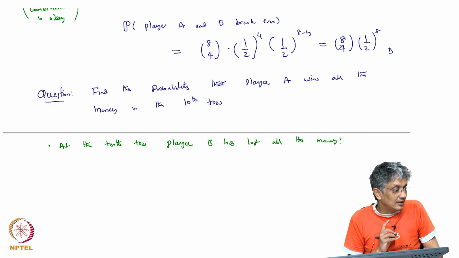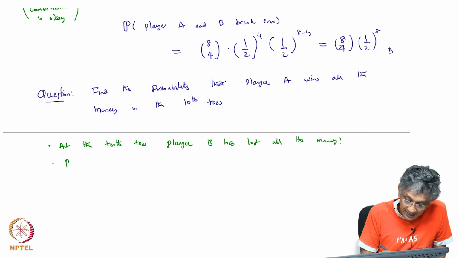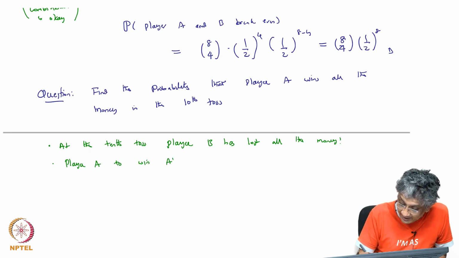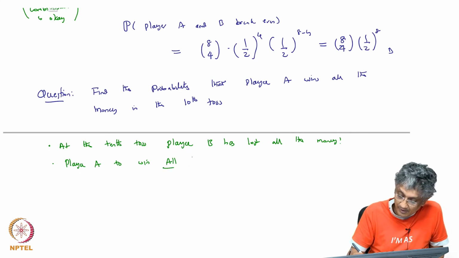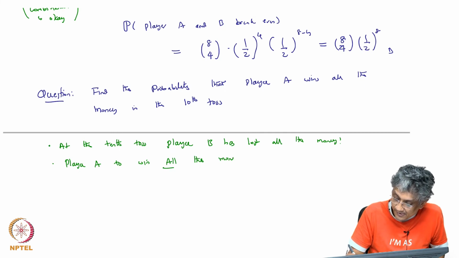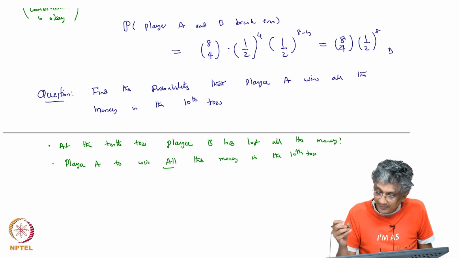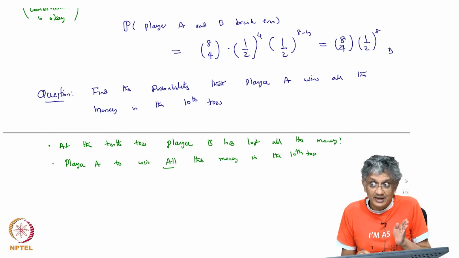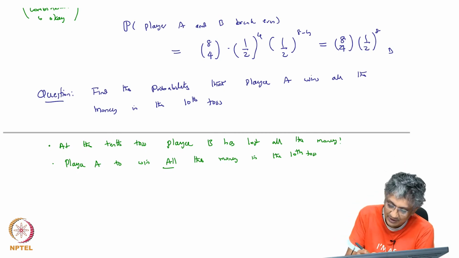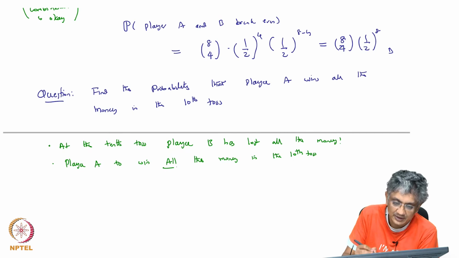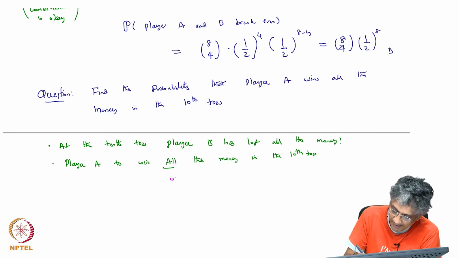Okay. And then for player A to win all the money in the 10th toss, what do you have to do? That means player A must win 8 tosses and lose 2. So how do you judge this now to win on the 10th toss? The player must win 6 tosses.